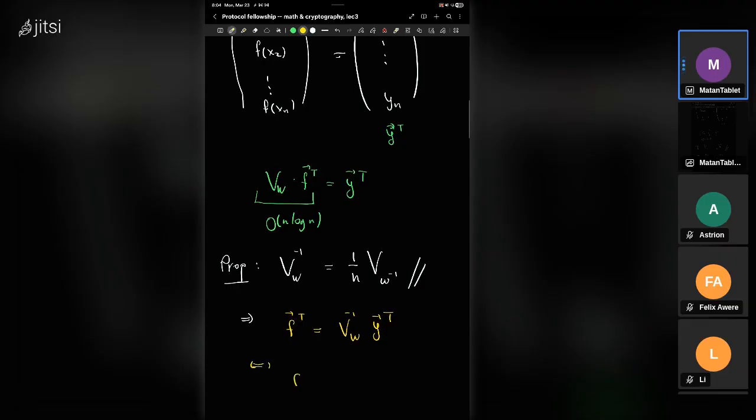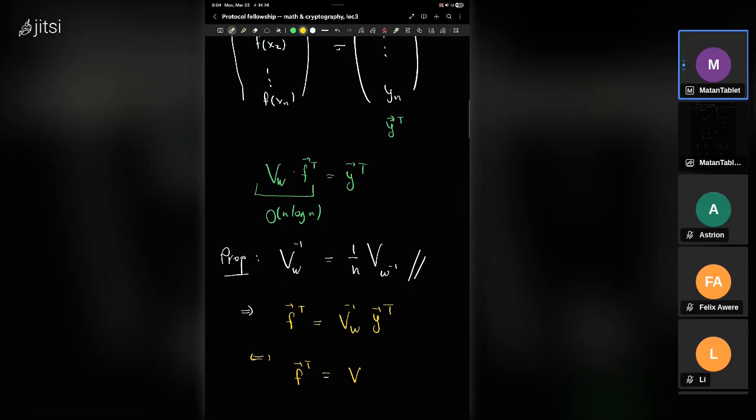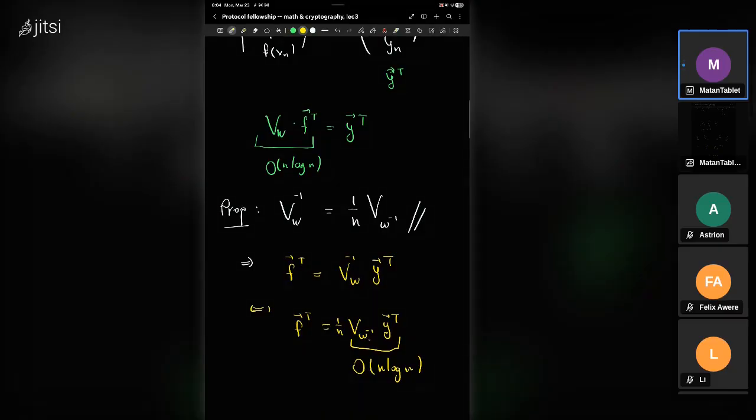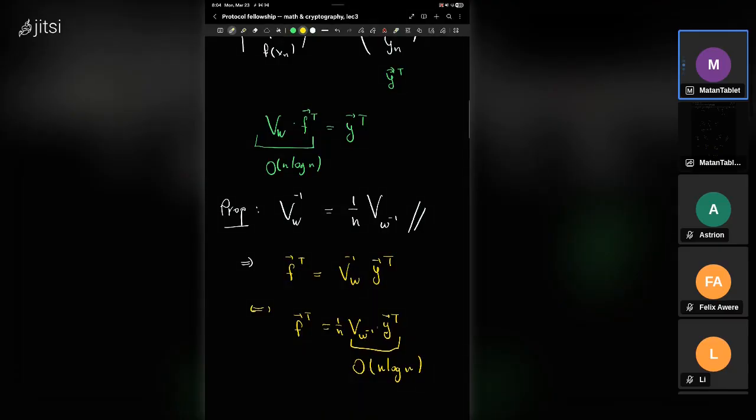This is the same as saying the vector F transpose is equal to 1 over n V of W minus 1 times Y. And we have an algorithm to compute this in O of n log n, because we just described how to compute a Vandermonde matrix with respect to a primitive root of unity times a vector in n log n operations.